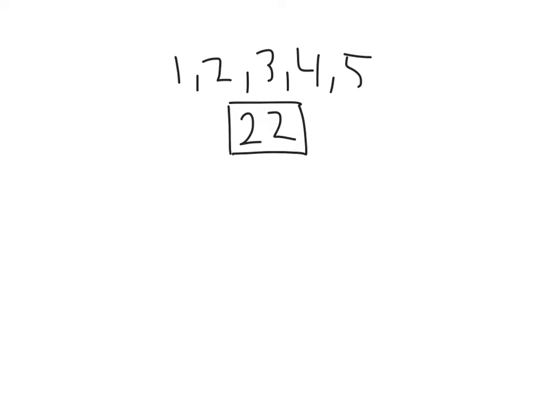One method that you can use is to try and multiply two numbers together and get close to your target number, and then add or subtract whatever you need to do.